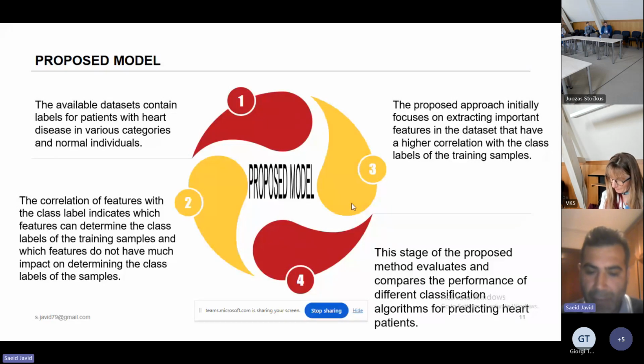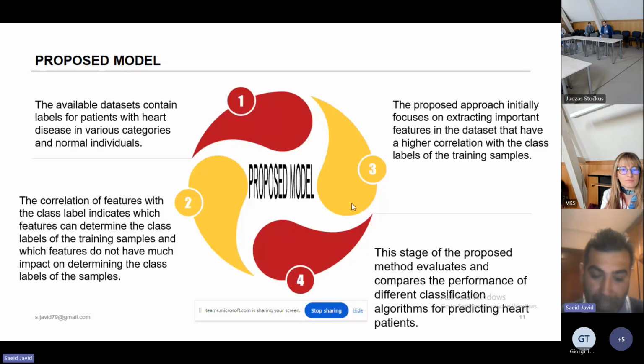The correlation of features with the class label indicates which features can determine the class labels of the training samples and which features do not have much impact in determining the class labels of the samples. Removing such features allows the remaining features to provide a better representation of the entire feature set of the original data.